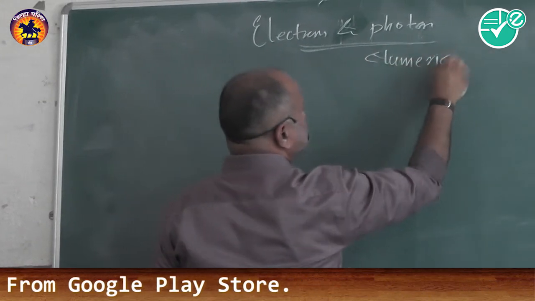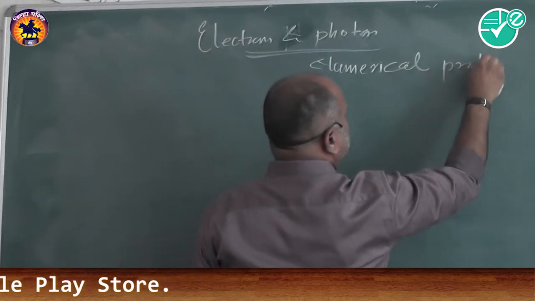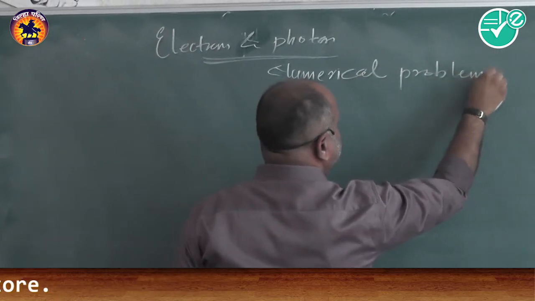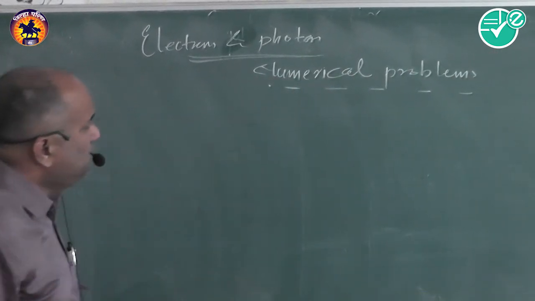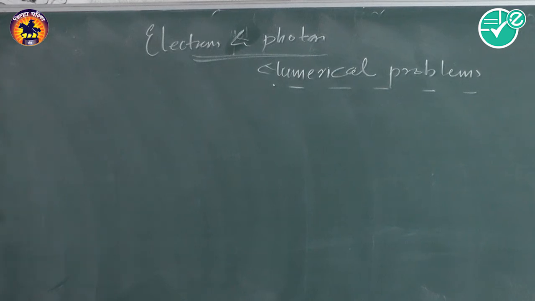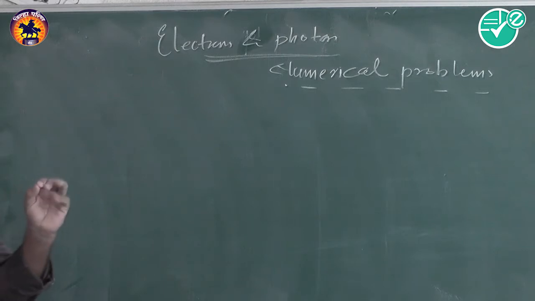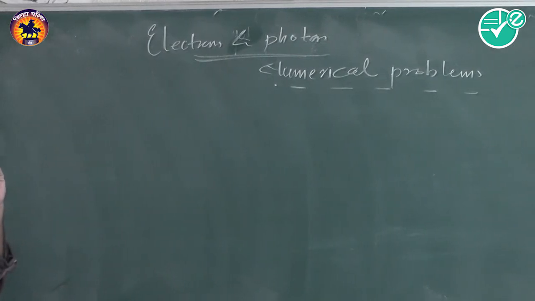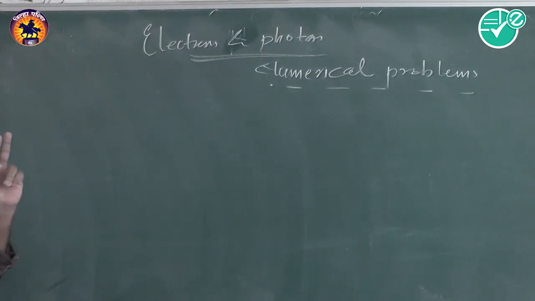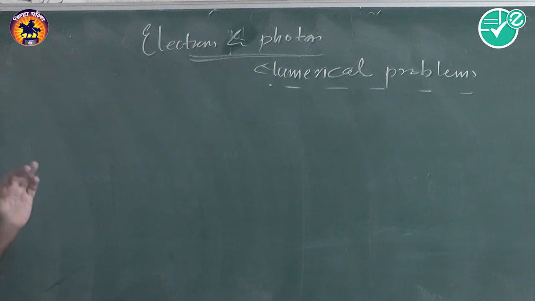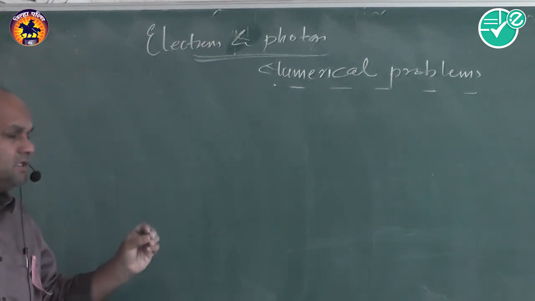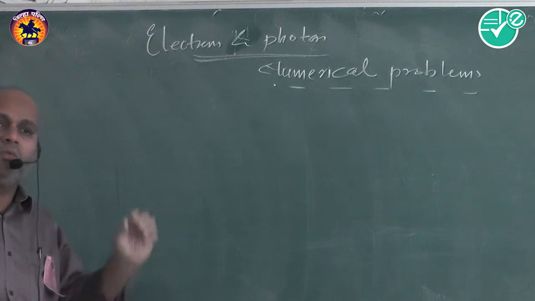Numerical problems. But before going to the numericals, the most important thing the student should remember is that they should read the chapter once, then write the chapter once, and third, they should understand what are the symbols, what are the physical quantities that have been used, and what are their units.